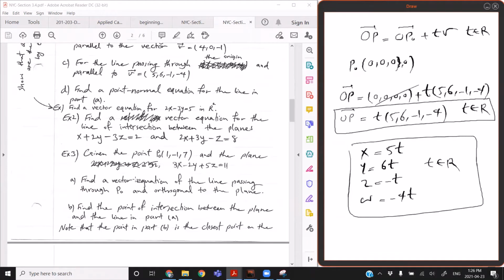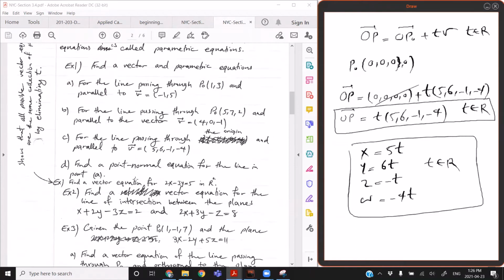Okay, so part A was a line in R2, part B was a line in R3, part C was a line in R4, and you can see that there is no difference. For all of them, we are using the same formula. But for a line in R2, we are also able to express that in point-normal form.